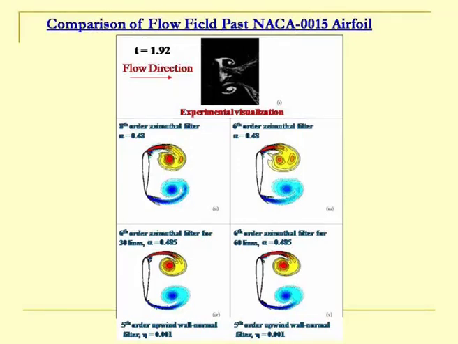So, this is like a normal flat plate type of geometry, and you do get very, very significant vertical structure originating from the ends of this aerofoil, and there are some comparison of results. Very high order filters have been used, 6th and 8th order filter in the azimuthal direction with alpha equal to 0.48, and these are the corresponding experimental visualization.